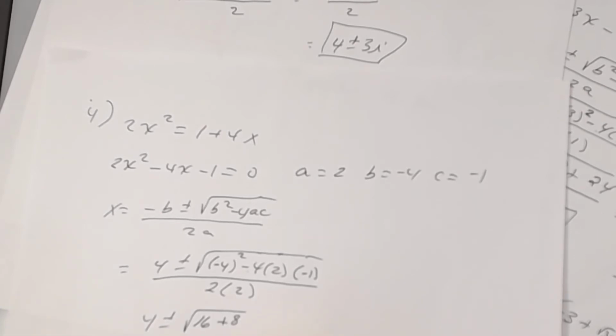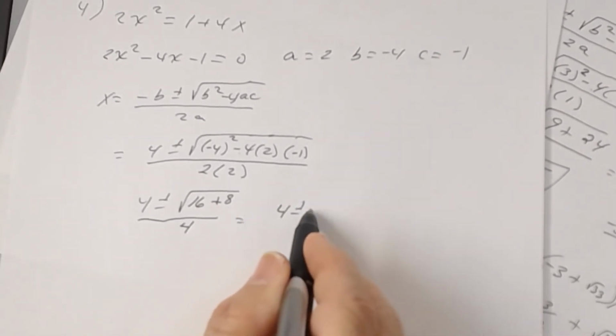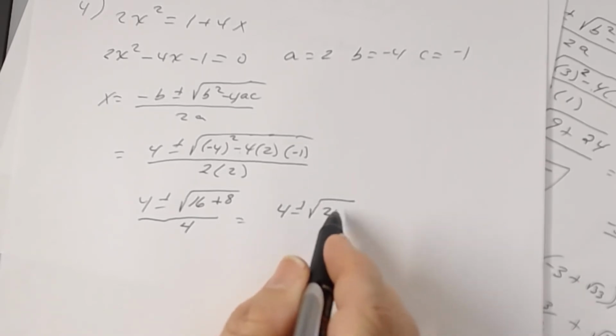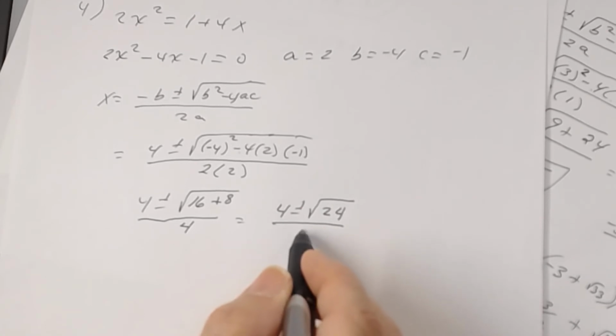So I get 4 plus or minus the square root of 16 minus 4 times 2 times -1, which is what? Positive 8. All over what? 4. Okay, what's 16 plus 8? 24. Okay. All over 4.